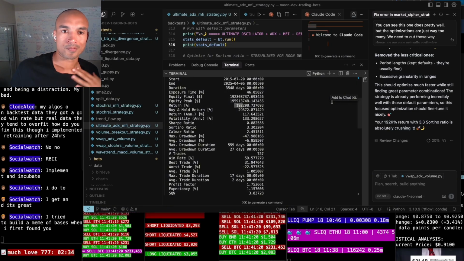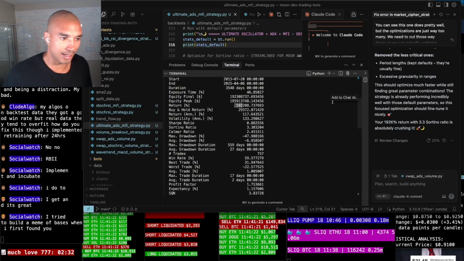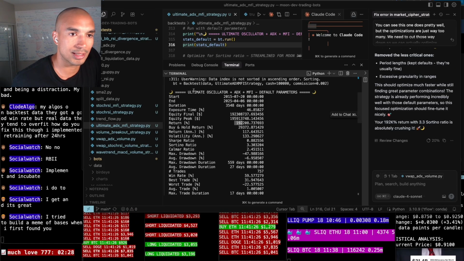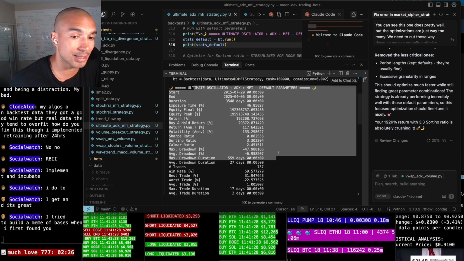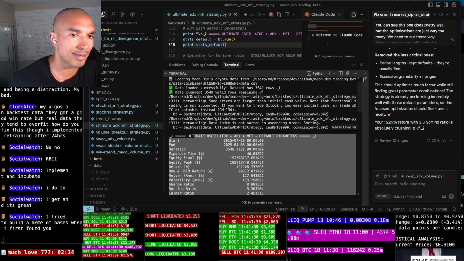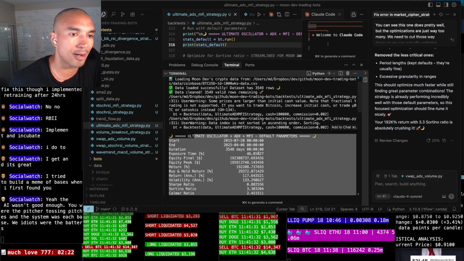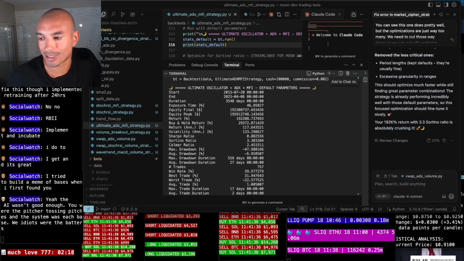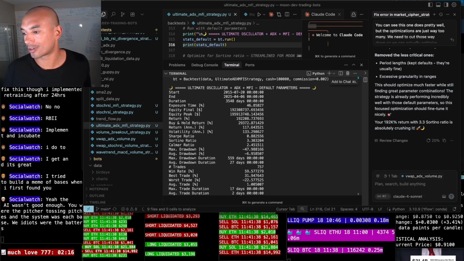So, you know, it's your own risk. Definitely got to incubate it, see if it's overfit. This one I didn't even optimize, which is the interesting thing. So there's got to be some fire up in here. At the end of the day, it is what it is. I don't make the rules, bro.